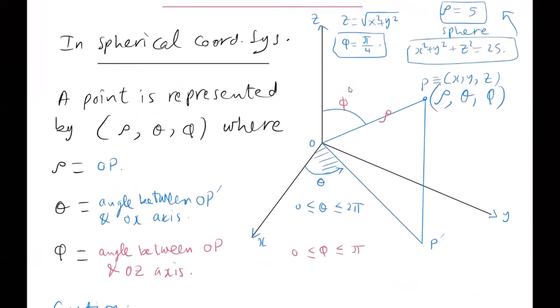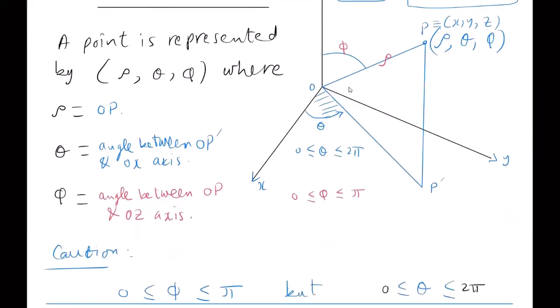So again, we have a new representation for any point in space using the distance from the point to the origin, which we call rho, the Greek letter rho, and the other two angles: the angle between OP and the z-axis, which is called phi, and the angle theta between the OX axis and the projection OP prime, the projection of OP to the XY plane.